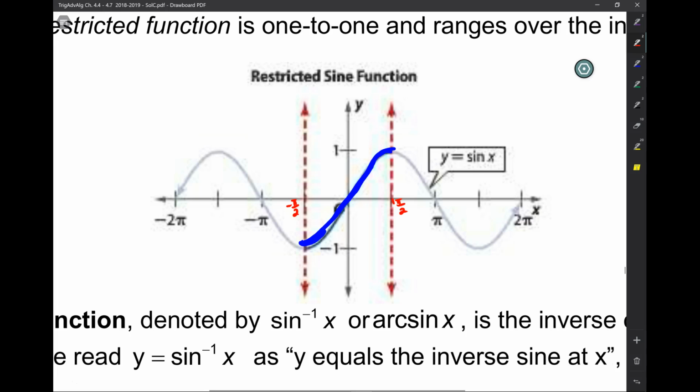To the right, I have pi over 6, pi over 4, pi over 3. Sound familiar? And here, I have negative pi over 6, negative pi over 4, negative pi over 3.